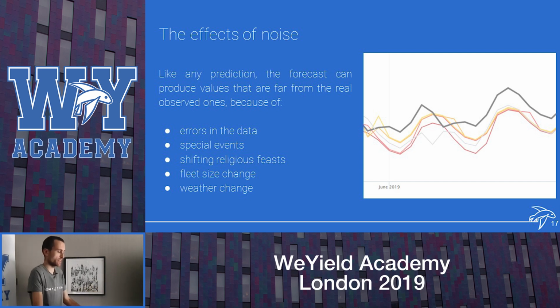So sometimes we have values that are quite far from reality. But once again, we cannot avoid that. We try to avoid it as much as we can, but not 100%.